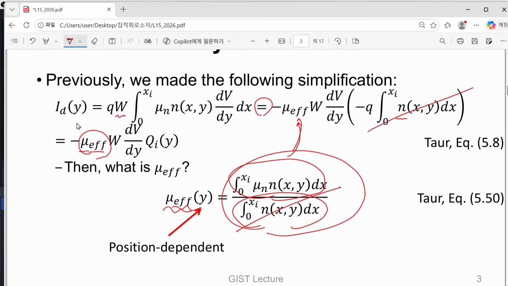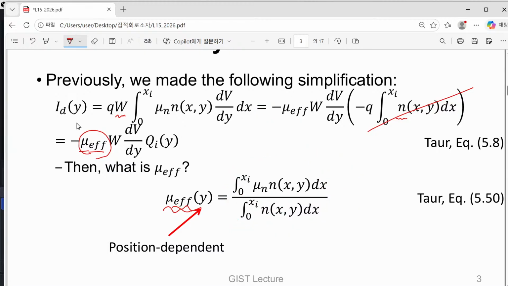So it just recovers the exact expression. This is nothing but introducing a new notation, and this expression is exact as much as we define effective mobility as this expression.